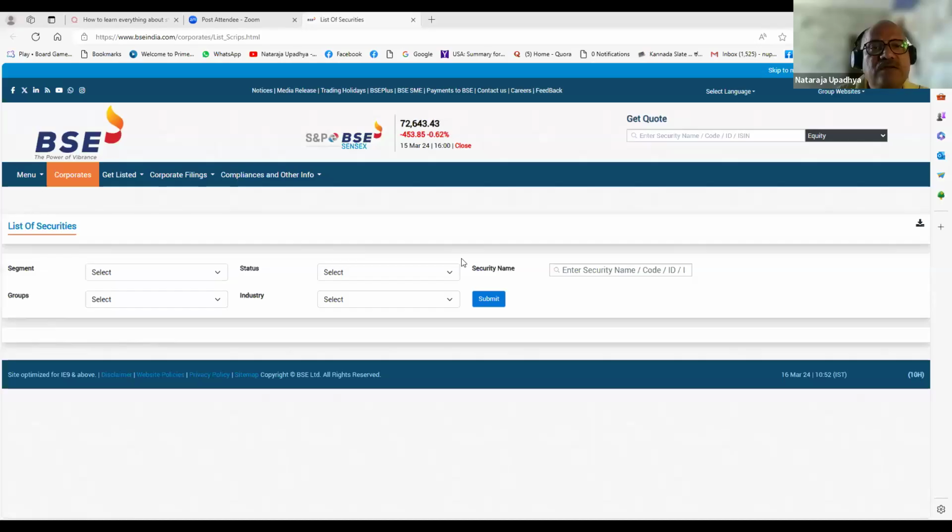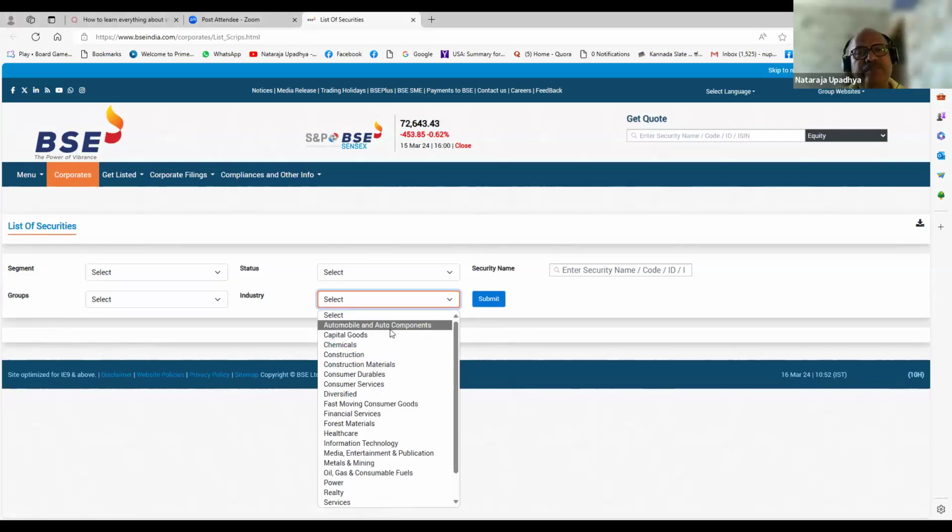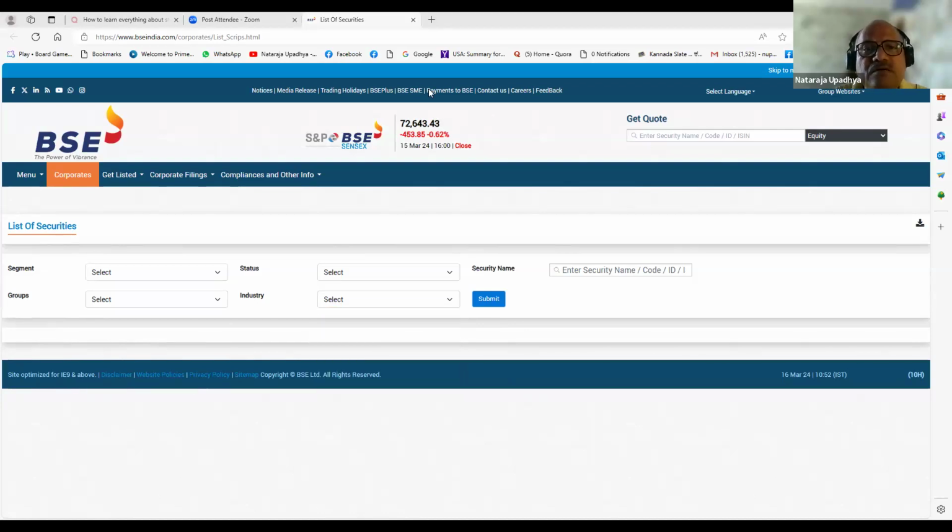See, this is the BSE India website, list of securities. I have brought you here primarily to show the list of industries. See, these industries, if you go one by one, I hope you can all see this.